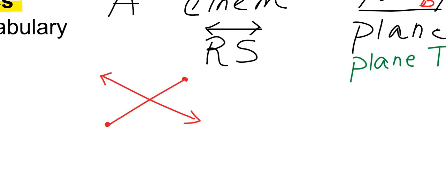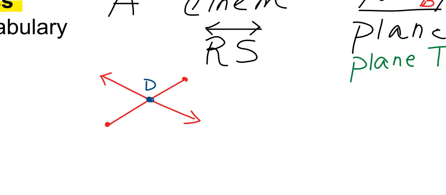Let's say these 2 cross. My question would be, what is formed at the intersection? Intersection means where they cross. So right here, what's formed? A point is formed. It could be any point, or they could not name it at all. But let's say we named it D. So this line and this line segment cross at point D.